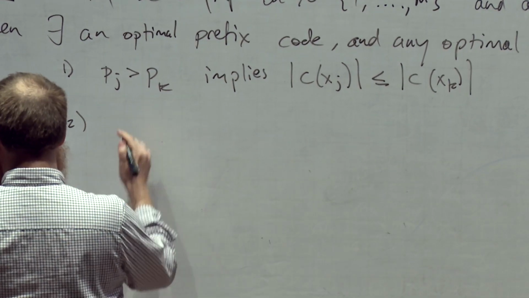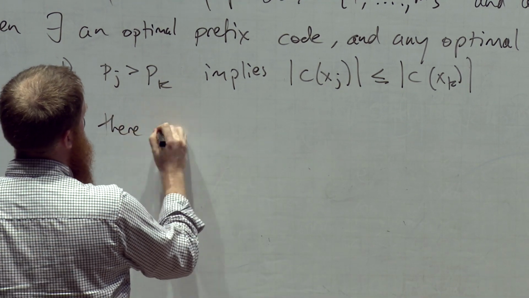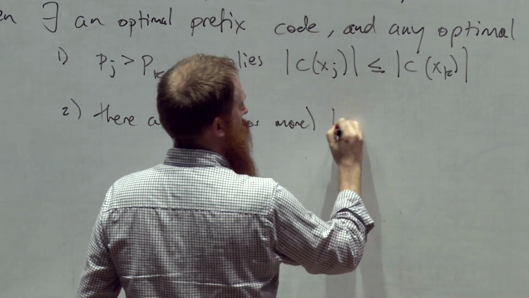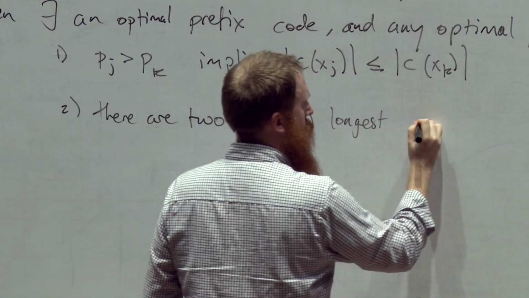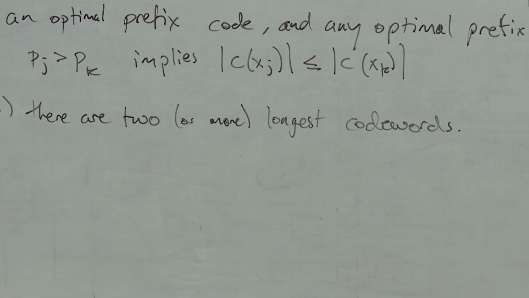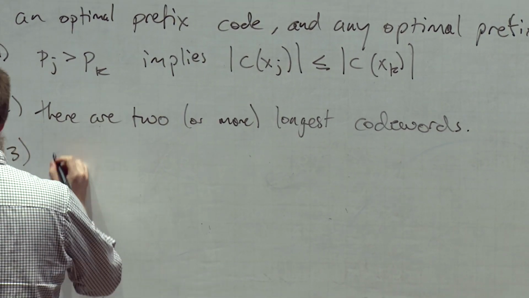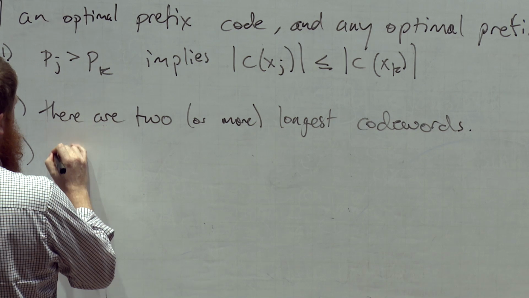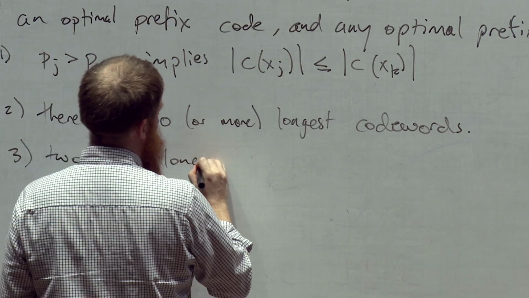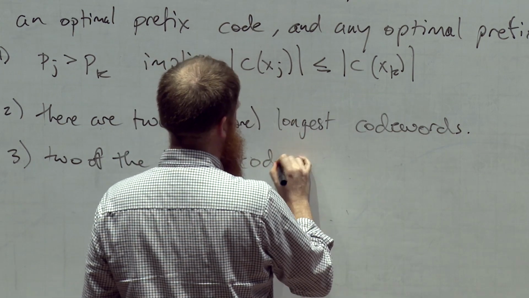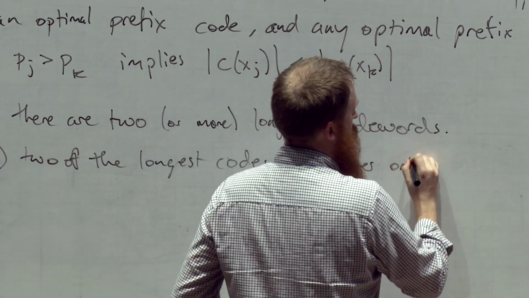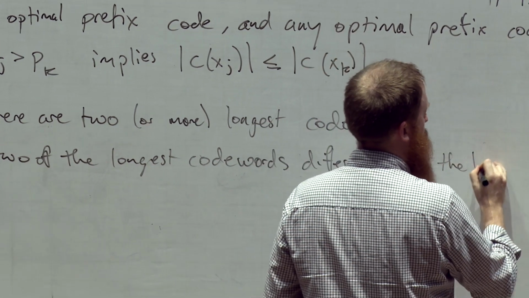2, there are 2 or more longest code words. So you can't have a unique longest code word. 3, 2 of the longest code words differ only in the last digit.